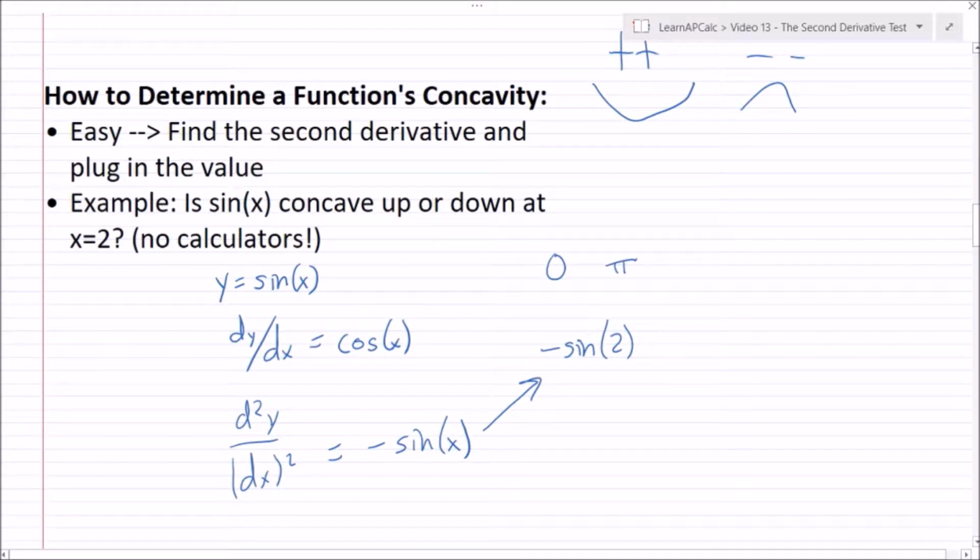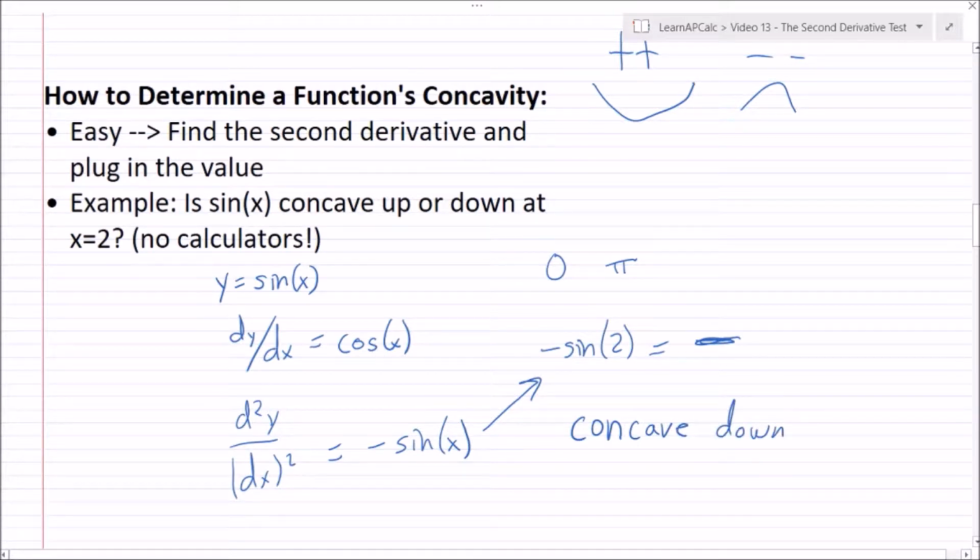If you're confused about this, go back to our third video in the series where I talked about the unit circle in great detail. So since 2 is between 0 and pi, I know that sine is positive, so this is going to be negative. And I'm just asking for what is the concavity. And since d squared y dx squared at x equals 2 is less than 0, we are concave down.